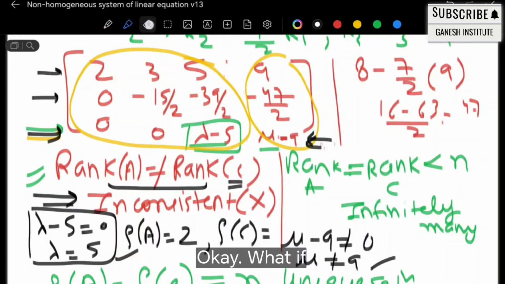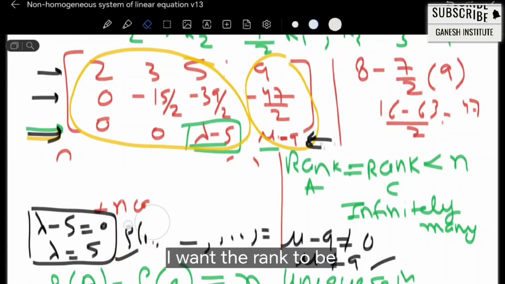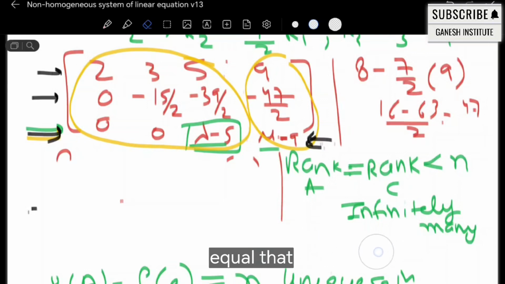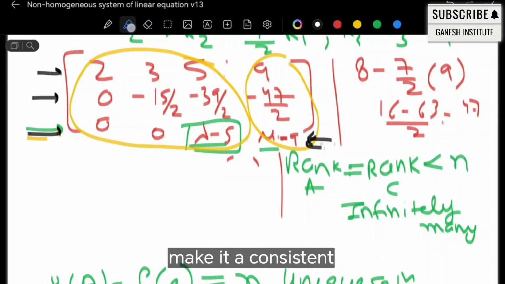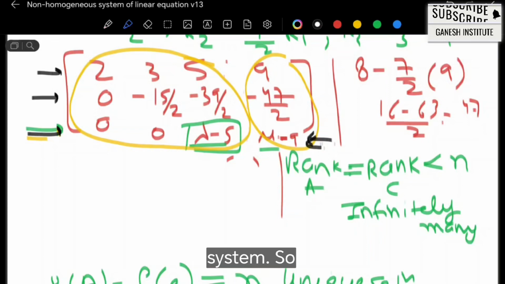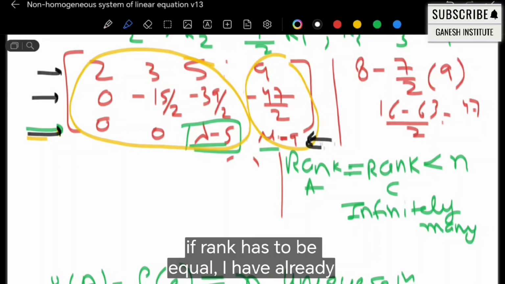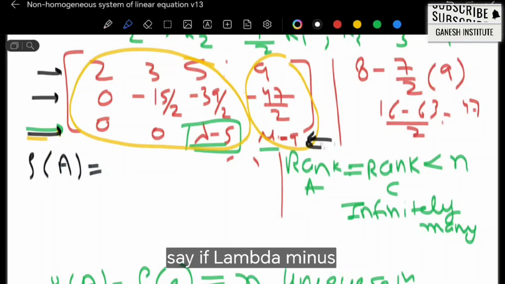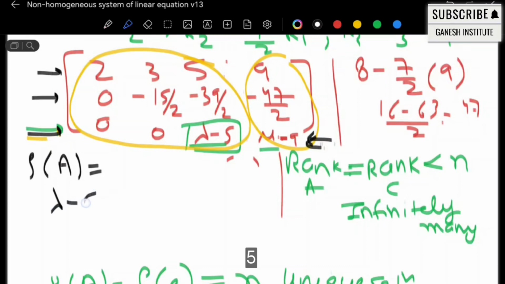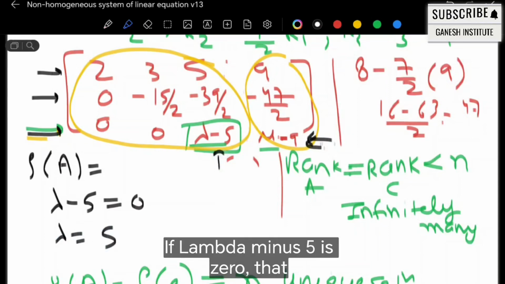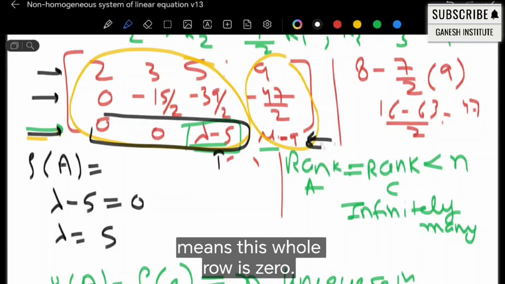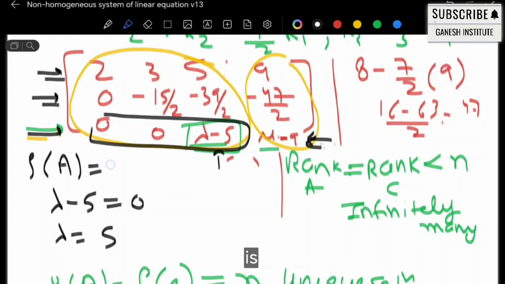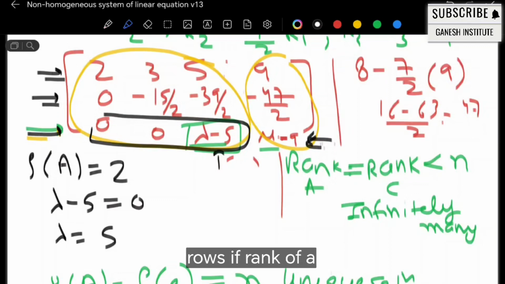Okay? What if I want the rank to be equal? That is the next step to make it a consistent system. So if rank has to be equal, I have already found out the rank of A. Let's say if lambda minus 5 is 0, that means this whole row is 0. That means the rank of A is 2 non-zero rows.